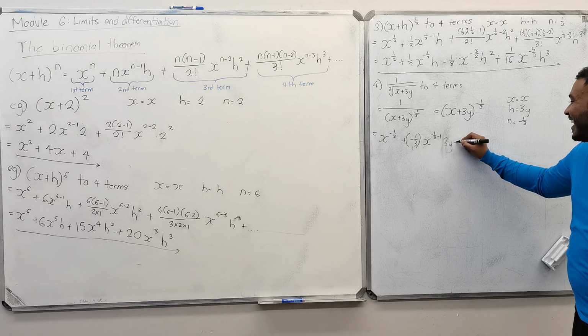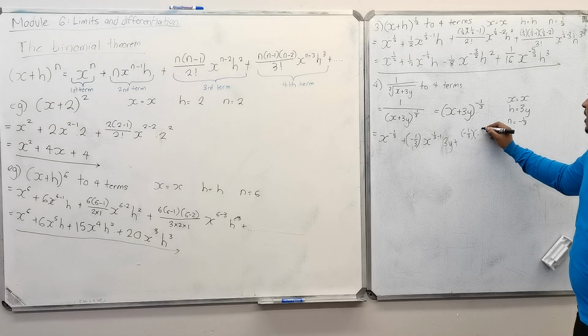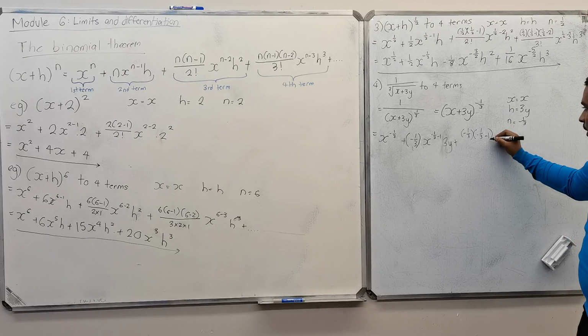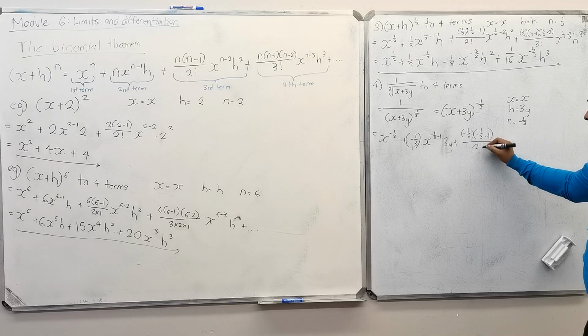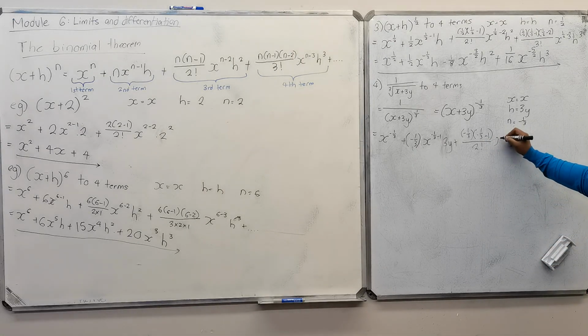Plus, then you're going to end up with negative 1 over 3 into negative 1 over 3 minus 1 over 2 factorial, then x to the power negative 1 over 3 minus 2, 3y to the power 2.